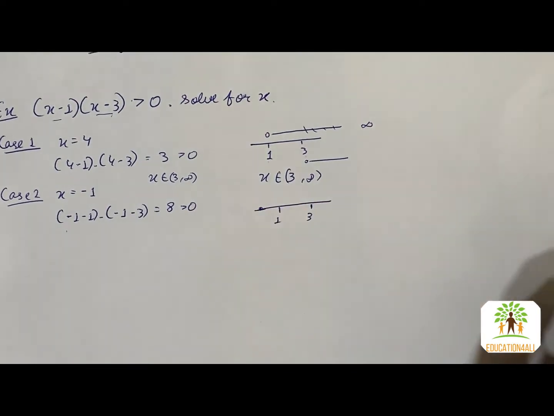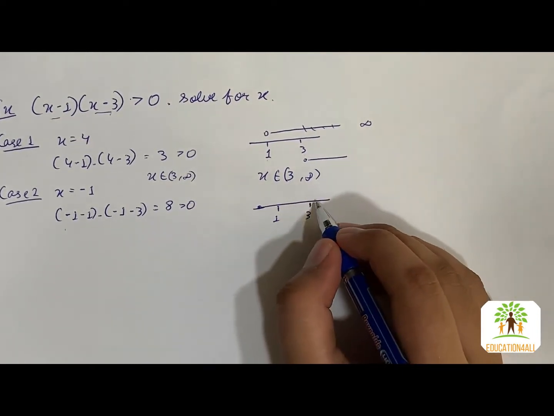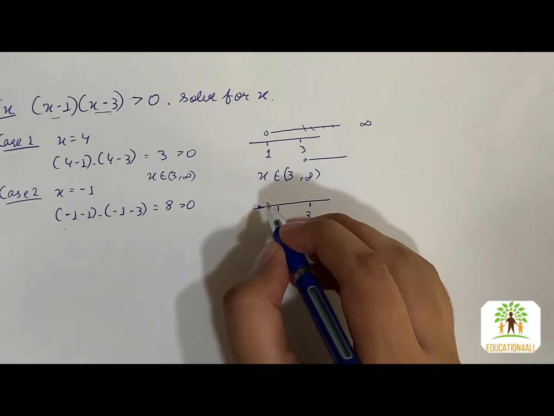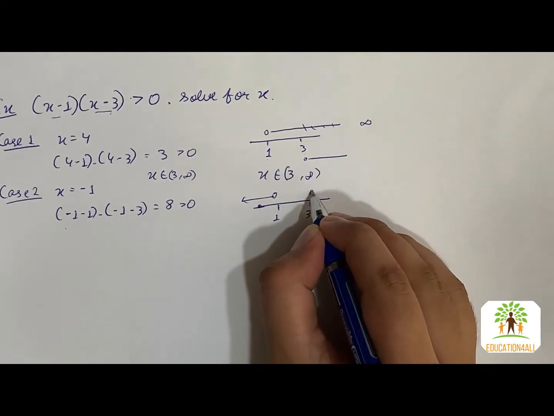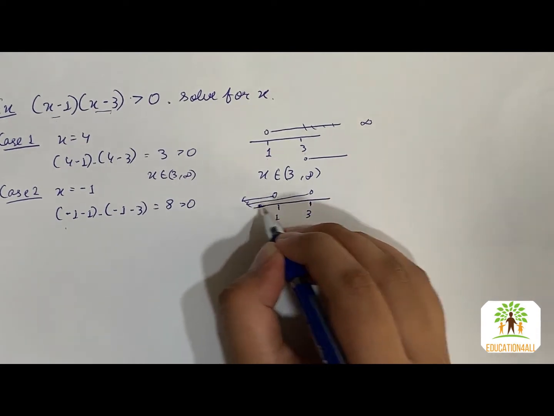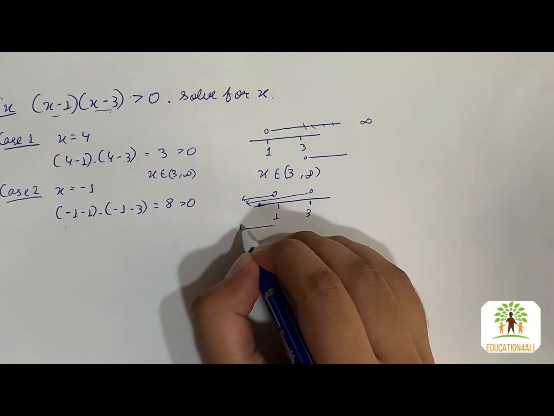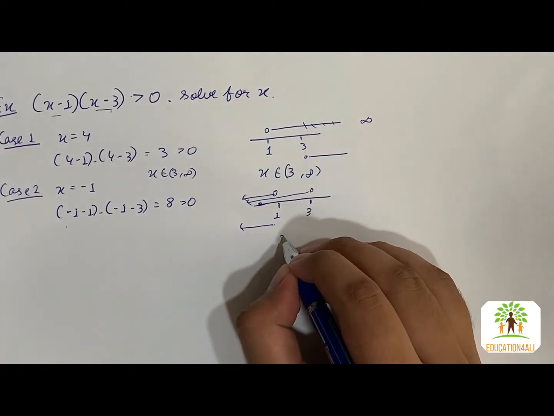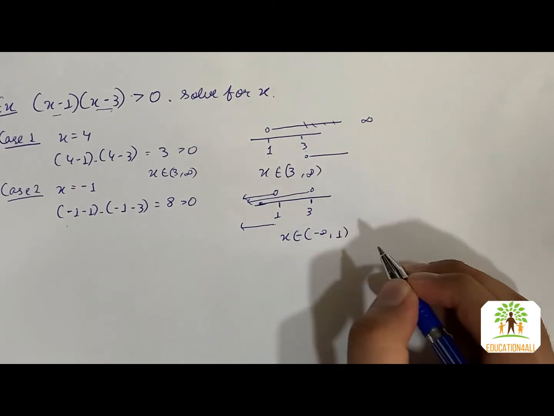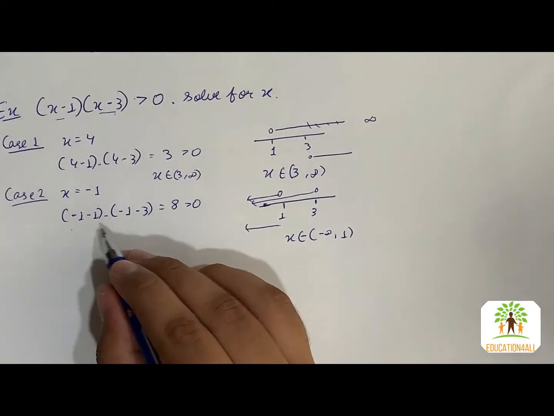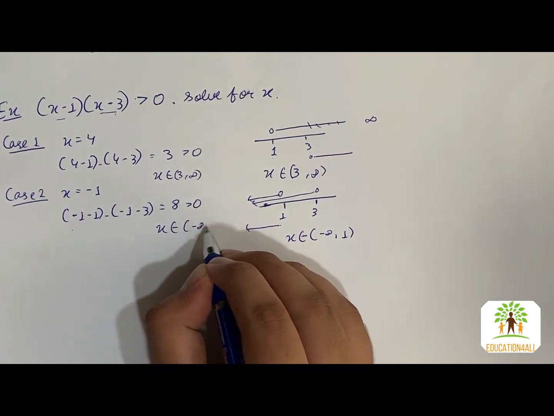For the second case, we will similarly draw a number line as 1, 3. In the second case, we see that x minus 1 is lesser than 0 and x minus 3 is lesser than 0. So the number line will be as shown, and for the final answer, once again we take the common part of both these lines. Therefore it gives us that x belongs to (minus infinity, 1).